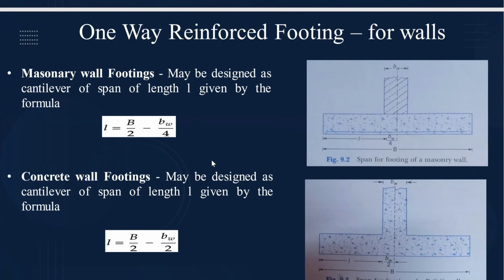And if it is a concrete wall footing, it may be designed as a cantilever of span length L equals capital B by 2 minus BW by 2, where again capital B is the width of the footing and BW is the width of the column.